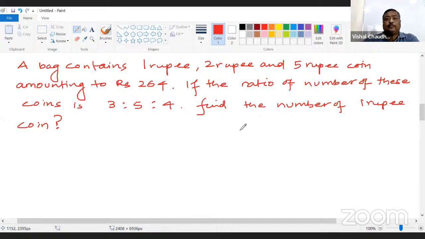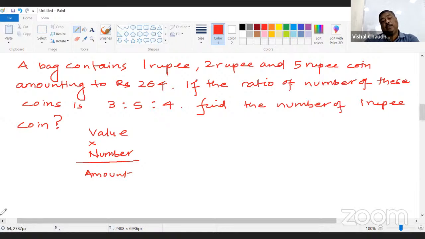Now, understand, value multiplied by number will give you the exact amount.